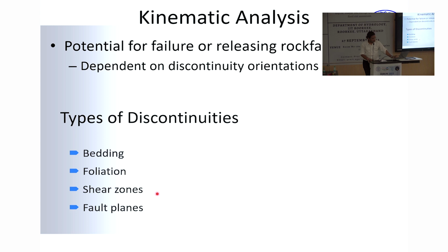And then we have shear zones and fault planes, which are fracture surfaces of a different kind. So in summary, there are 4 kinds of discontinuities. All 4 of them are planar. I hope you understand what planar means, which means they are 3D surfaces and they are mostly flat. Not very curved. Of course, it's nature, so nothing is perfect. They are curved, but they are more or less flat.